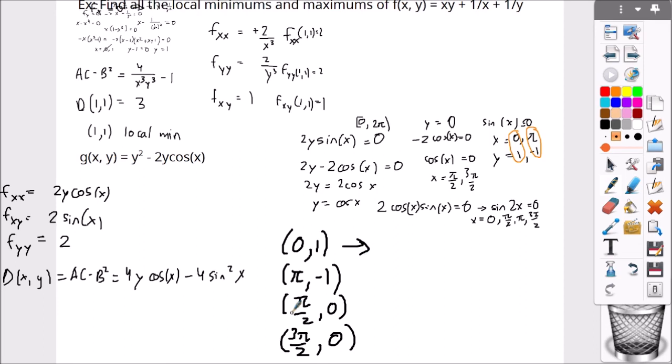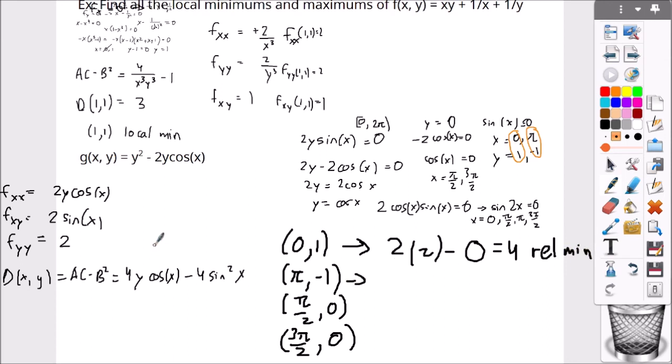Starting with 0, 1: x is 0, so cosine 0 is 1. 2 times 1 times 1 is 2, times f sub yy, which is 2, minus this squared, so 4 sine squared x. Sine of 0 is 0. So that's 4, which means that is the location of a relative minimum.